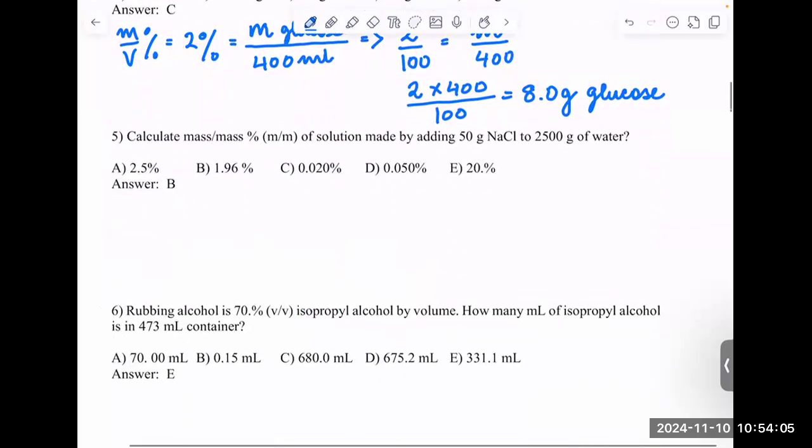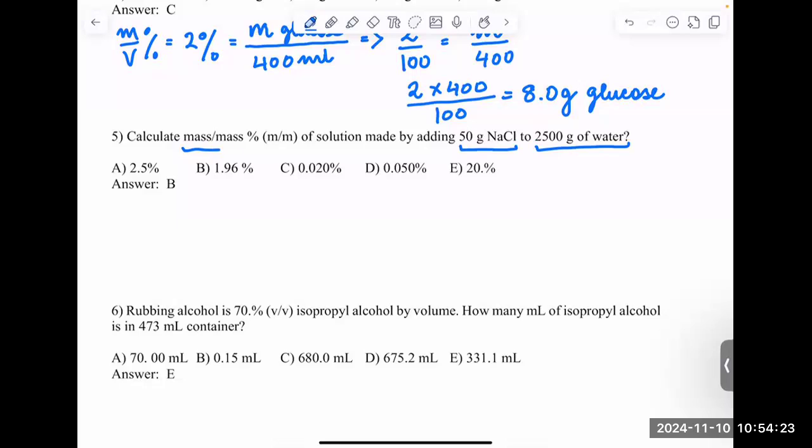Okay, calculate the mass by mass percent of the solution made by adding 50 grams of NaCl to 2500 grams of water. Now, here's the tricky part. Pay attention to this. NaCl is the solute. The water is the solvent. It's not the solution.